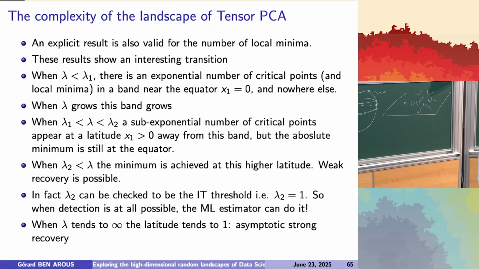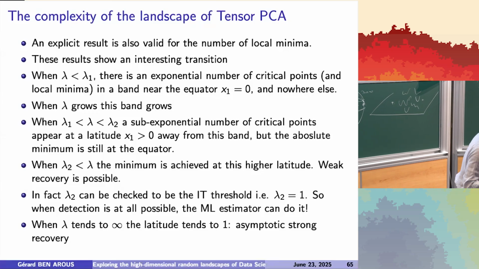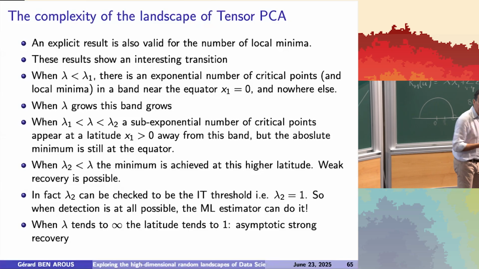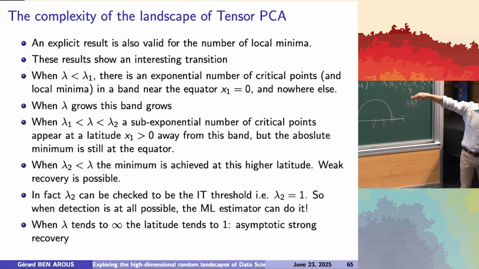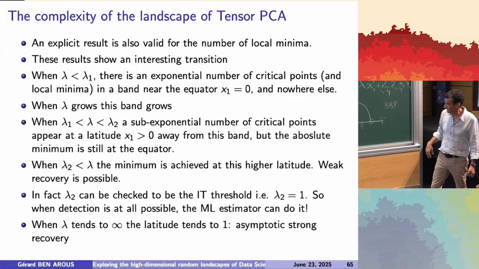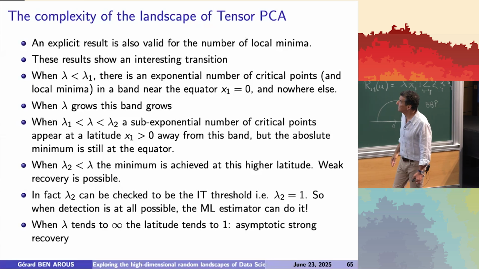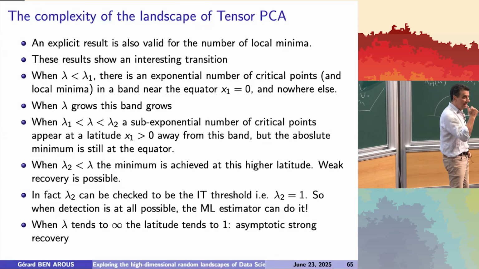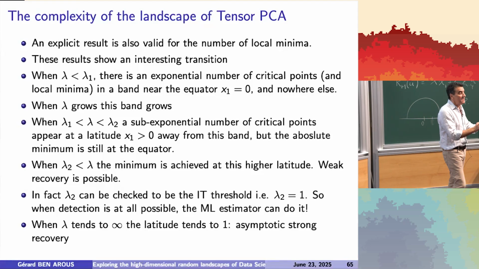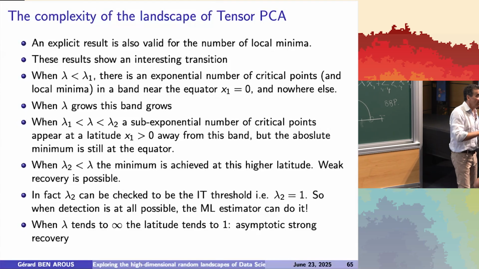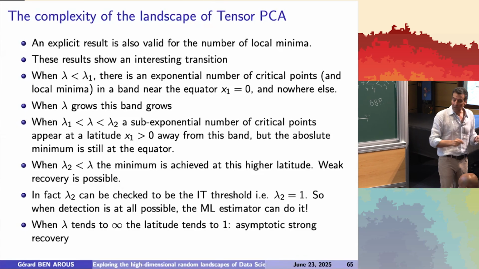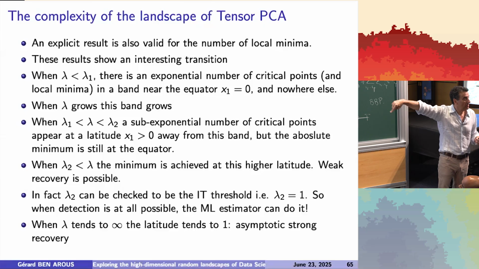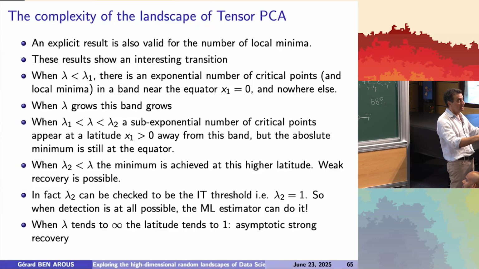I thought the IT threshold was, I am able to say that there is information. Yes, but the IT, I'm sorry? I thought the IT threshold was below the IT threshold. I'm not even able to say if there is information. And yes, it's a more complicated answer, but when n goes to infinity, this thing does not contribute, because we have a sub-exponential number, and you have an exponential number here.